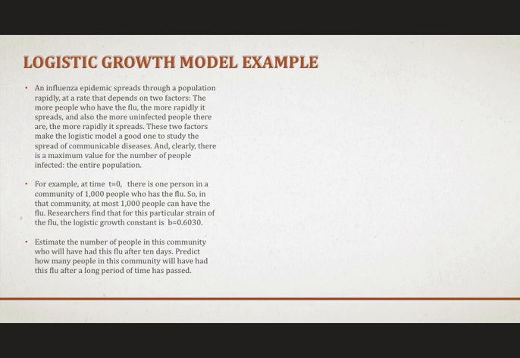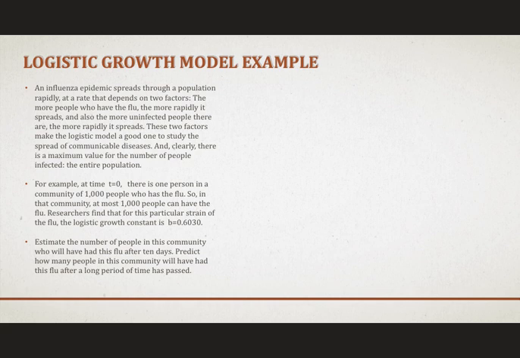All right. An influenza epidemic spreads through a population rapidly at a rate that depends on two things. One, the more people who have the flu, the more rapidly it spreads. And the more uninfected people there are, the more rapidly it spreads. The two factors make the model a good one to study the spread of communicable diseases.